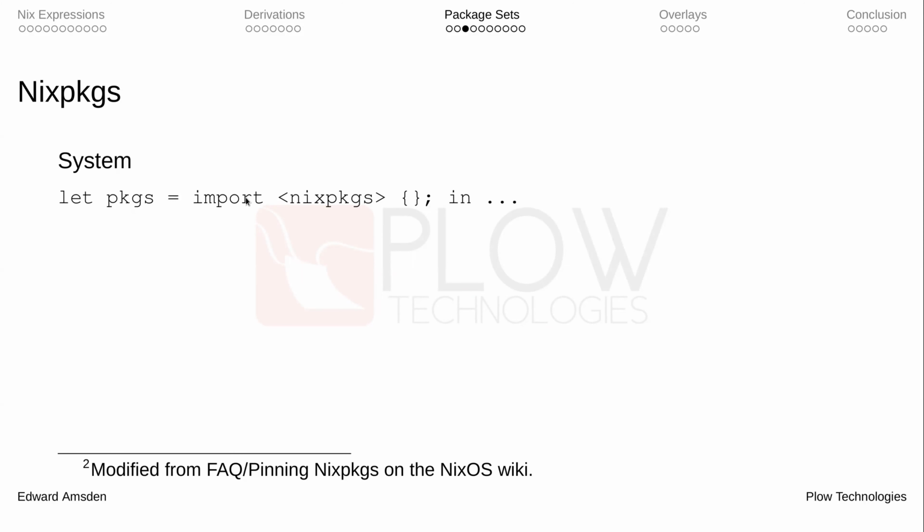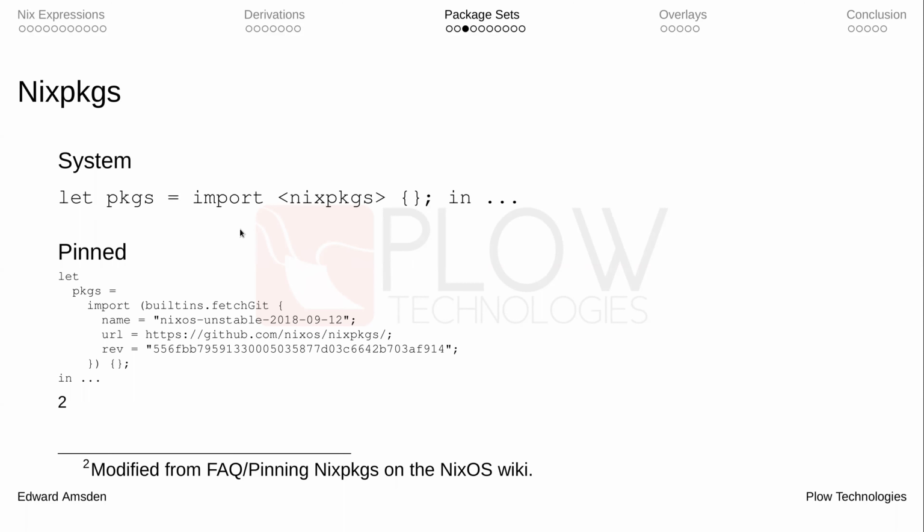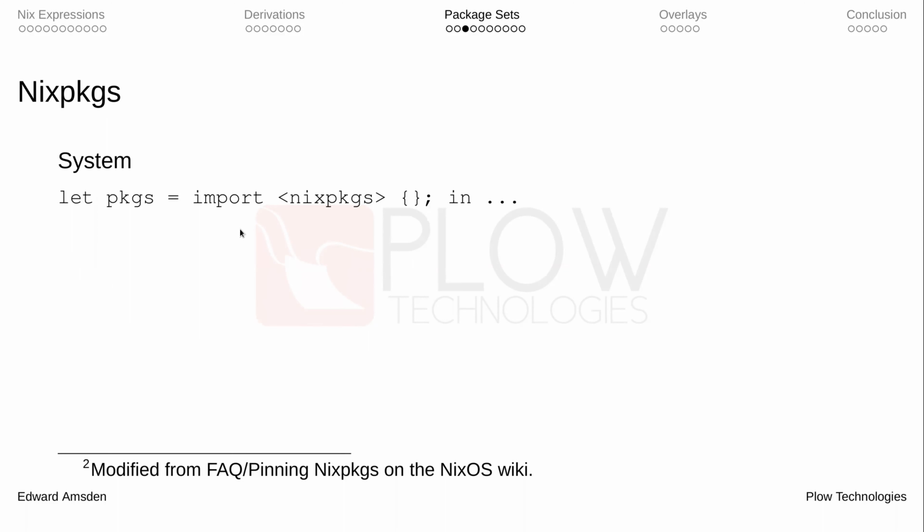The import keyword just means take this file path and evaluate the contents of the file as a Nix expression. So import <nixpkgs>, the angle brackets actually just mean that it looks up the path in an environment variable.